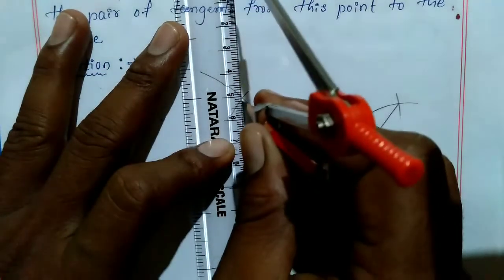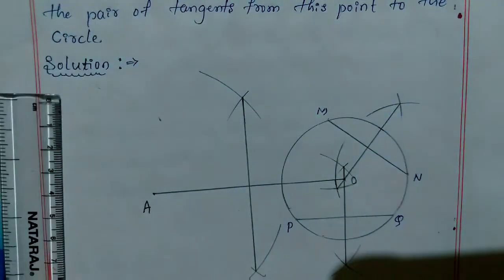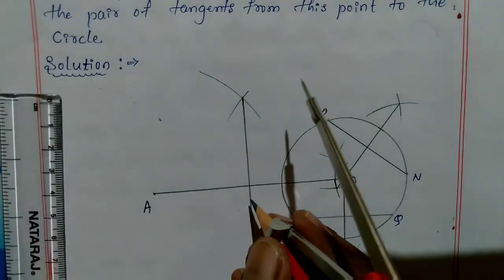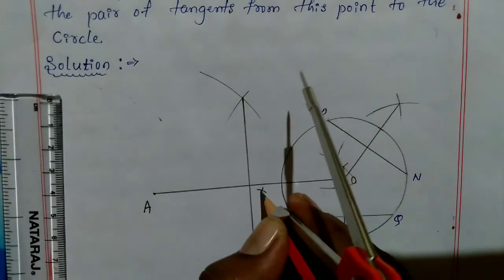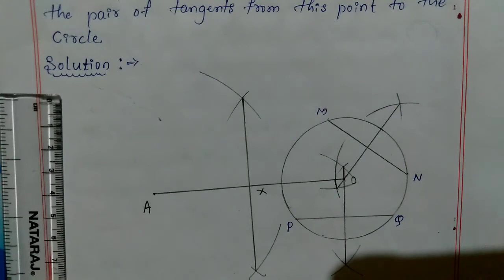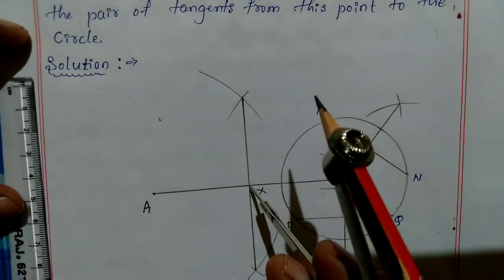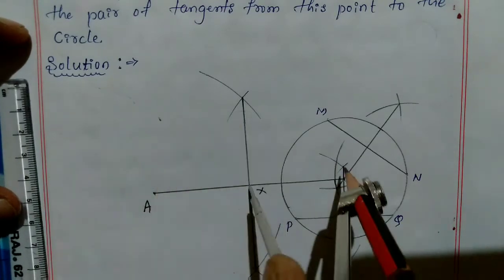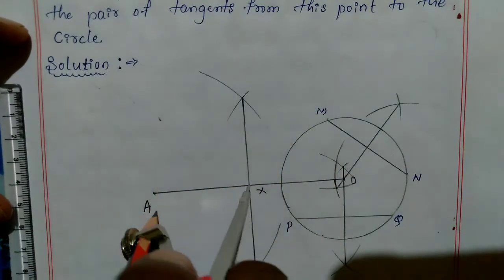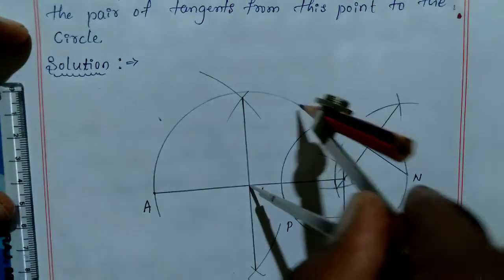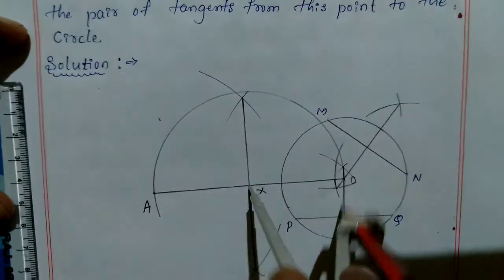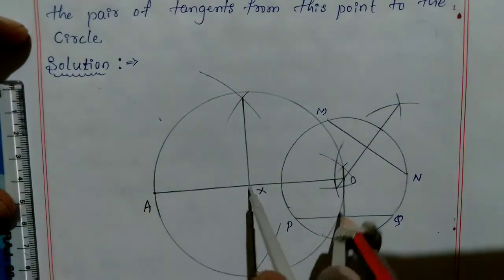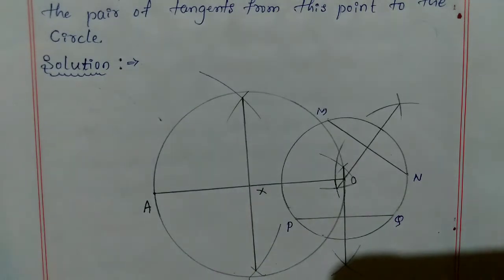So this bisects AO at X. You can call this one X. Next, taking X as center and AX as radius, or you can take AO as radius, you can draw here a circle.